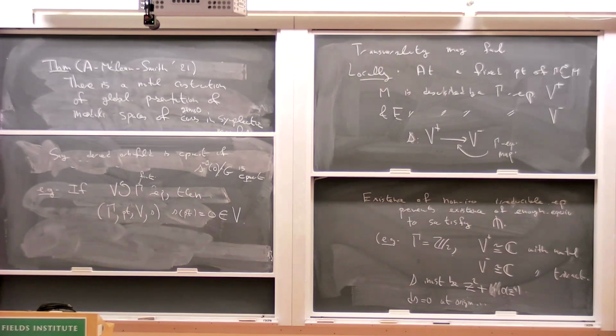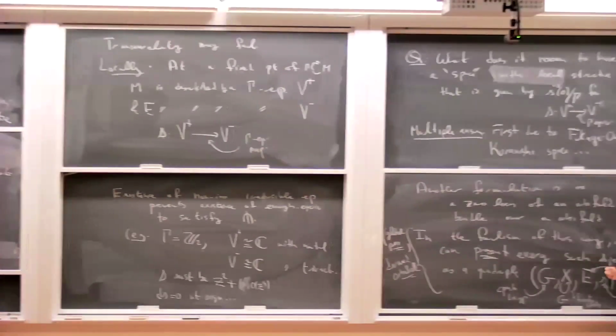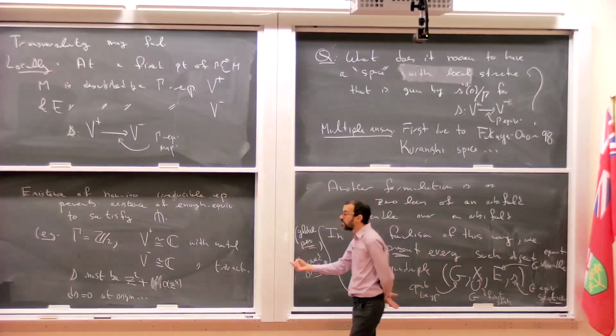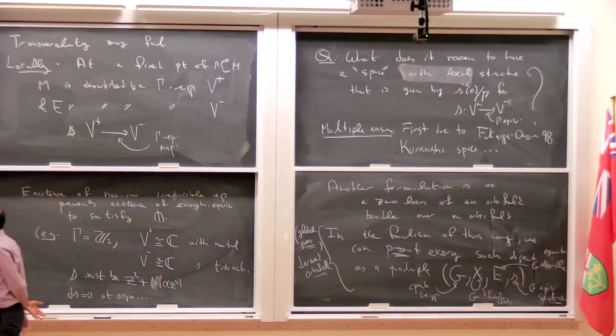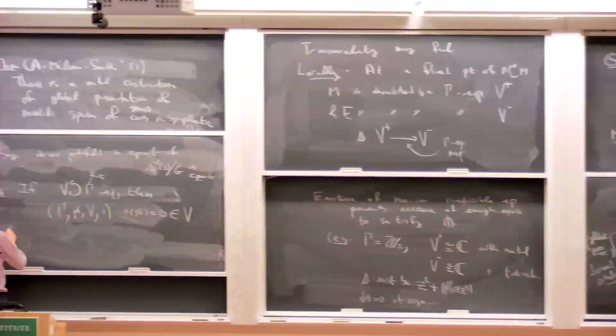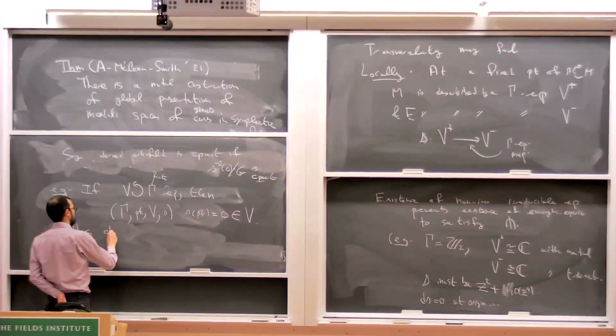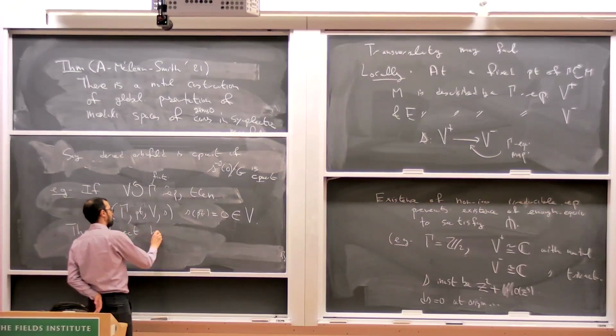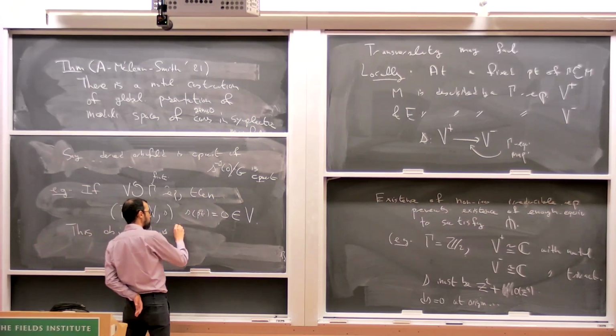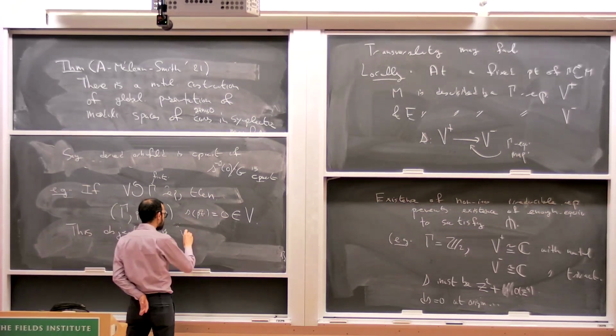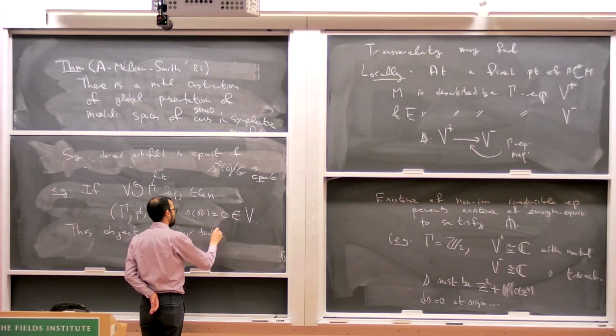I said earlier that I think of this vector bundle as some kind of negative directions in the tangent space. So this object has a virtual dimension, which really we should just call dimension, but for now I'll call it virtual dimension.